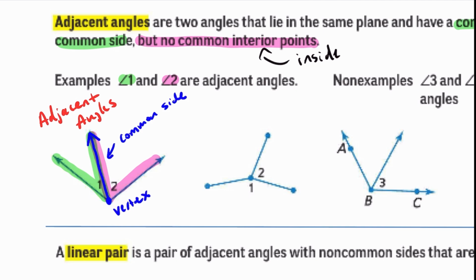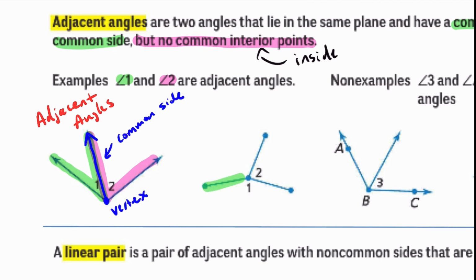Now let's go ahead and take a look at the example to the right. This is angle 1, and this is angle 2. Angle 1 and angle 2 share a common endpoint, which is right over here. That's the vertex.